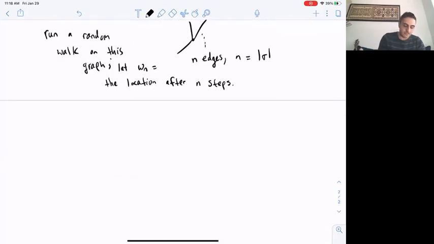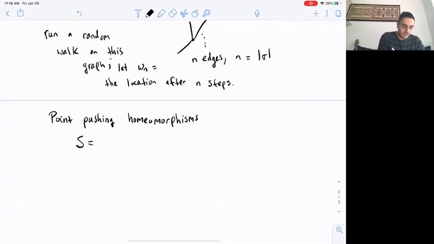So just a quick crash course for those who are less familiar with the mapping class group of a surface. Let's say I have a surface S of genus g with one puncture.